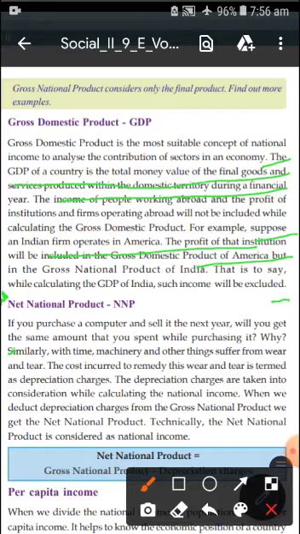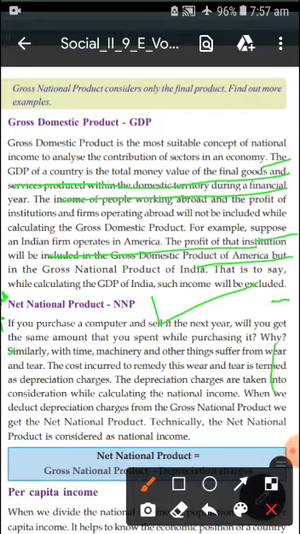Net national product is the next one, NNP. If you purchase a computer and sell it the next year, will you get the same amount that you spent while purchasing it? Not getting. If you bought a two-wheeler, scooty, bike or a car and sell it next year, will you get the same amount? No. We get a reduction, we lose some amount.